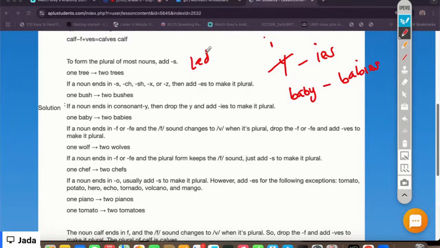We have lady. So give me some words, okay, perfect. So we have puppy, and it will be what? Puppies. Good. Those are the ones that, once we change to plural, we have IES.